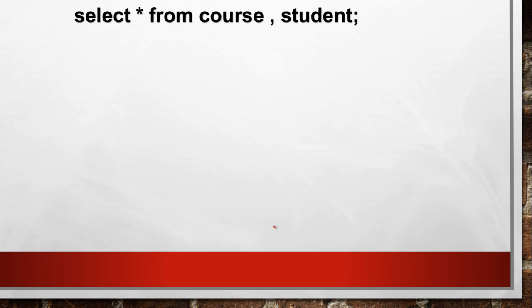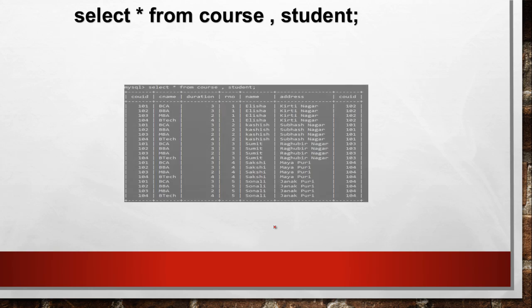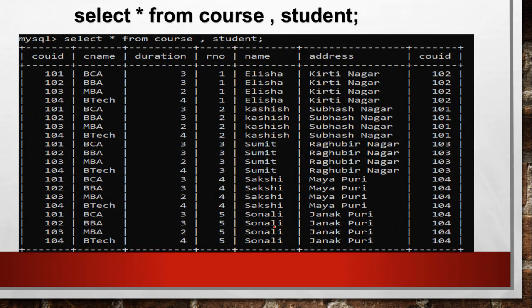For obtaining the Cartesian product, we have to write the command select star from, then we write the names of both the tables. So when we specify this command, we get this kind of result. Okay, so this is basically the Cartesian product of both the tables.